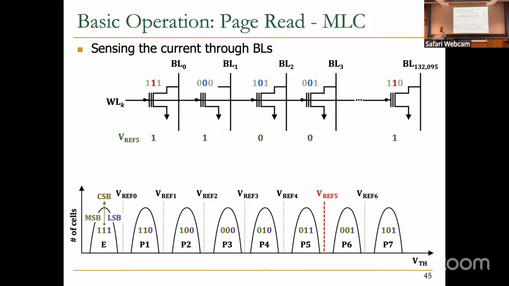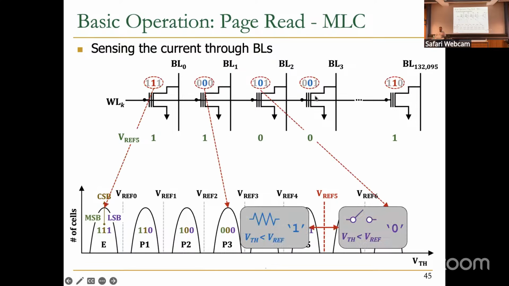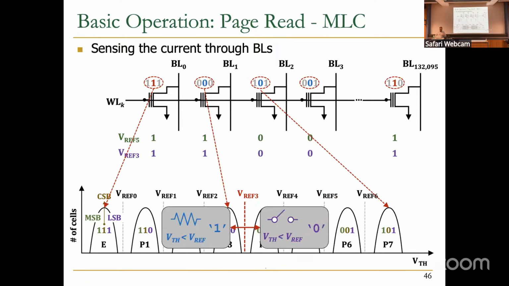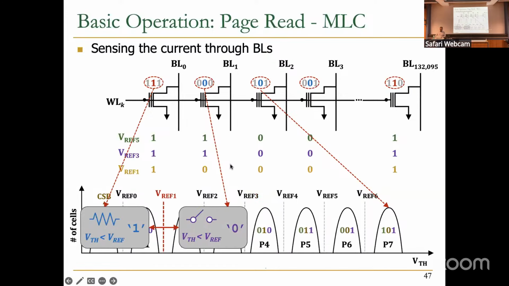So we apply VREF5 and we read, and these are the output. Then we apply VREF3 and we read, and these are the output. And then we apply VREF1 and read, and these are the output. After getting all of these, you need to somehow combine the outputs to get the actual value.